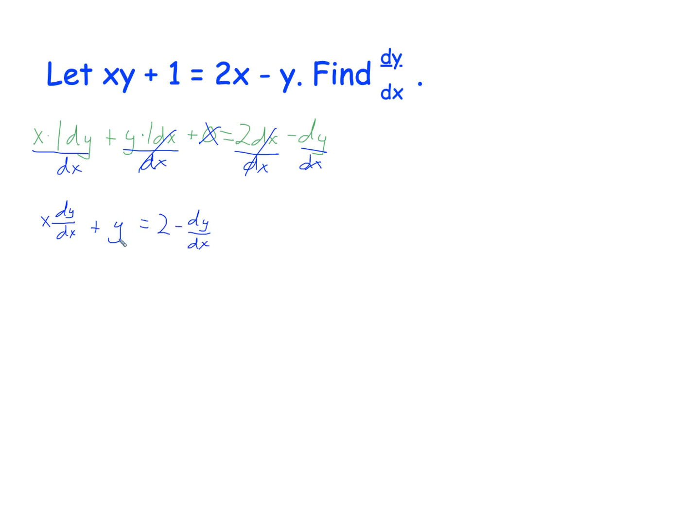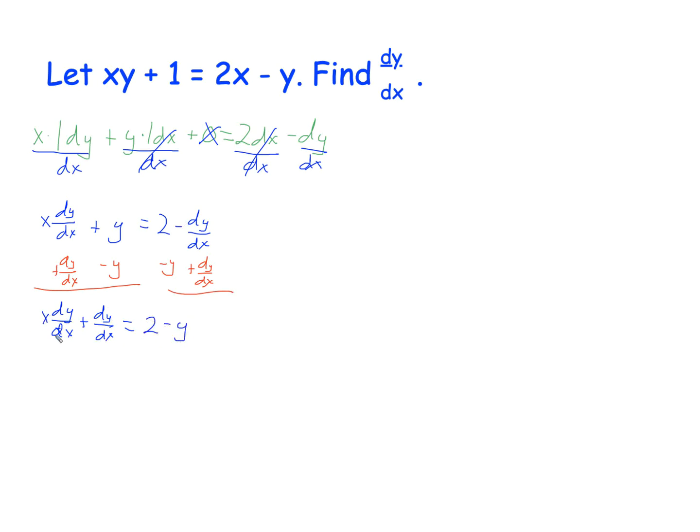We will subtract y from both sides, and at the same time we'll add dy dx to both sides. Which gives us x dy dx plus dy dx. Now as you get better at this, you're probably going to be able to skip a few steps here and write what the answer might be. And then we have 2 minus y over on this side.